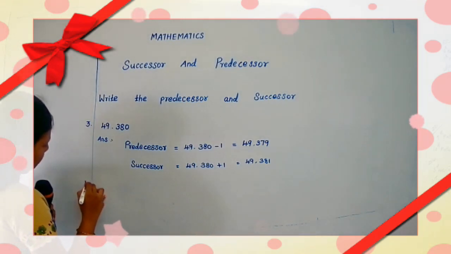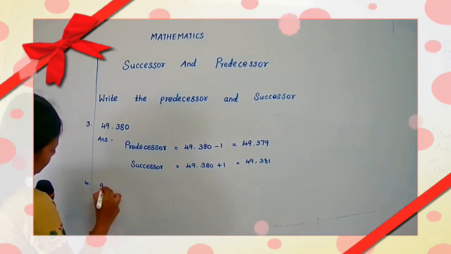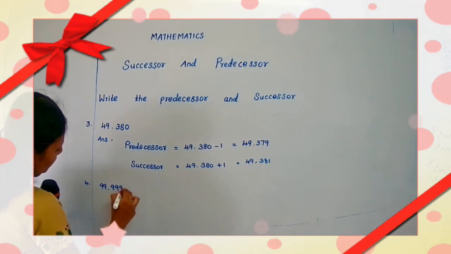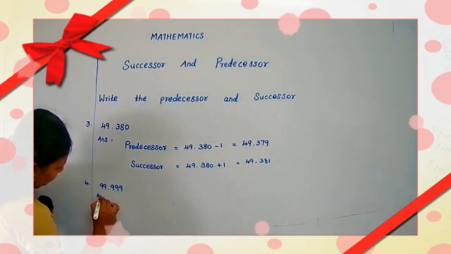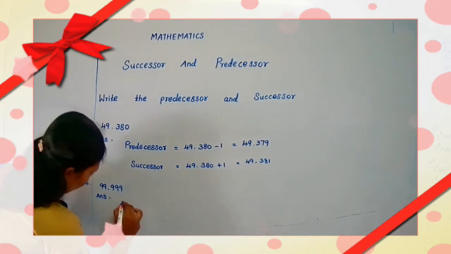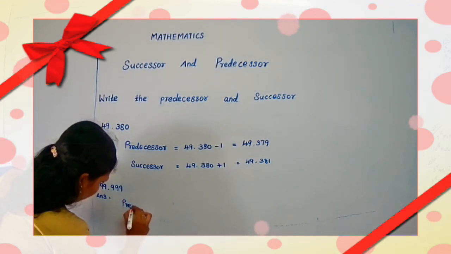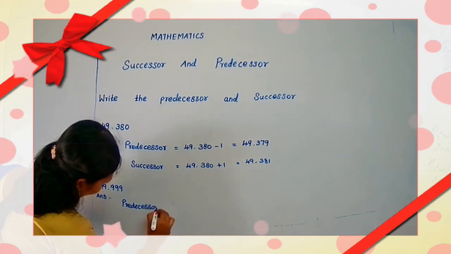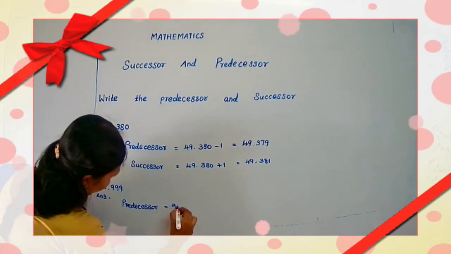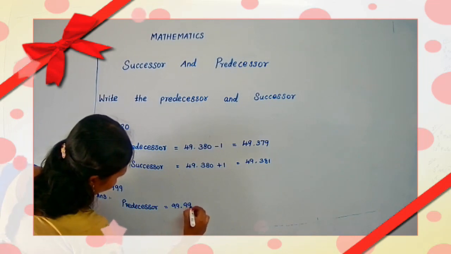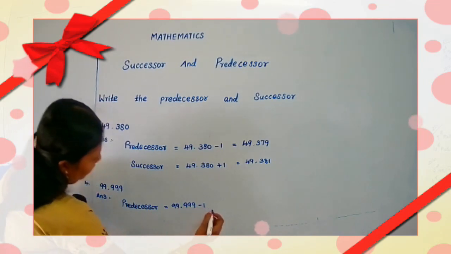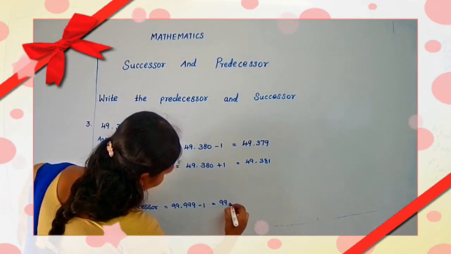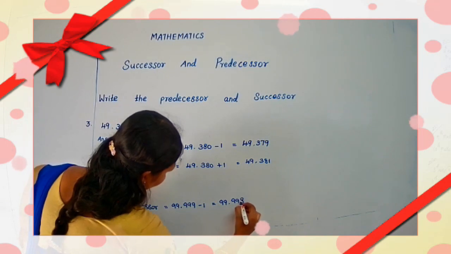Then the fourth one, 99,999. Write the answer. Predecessor. 99,999 minus 1 is equal to 99,998.